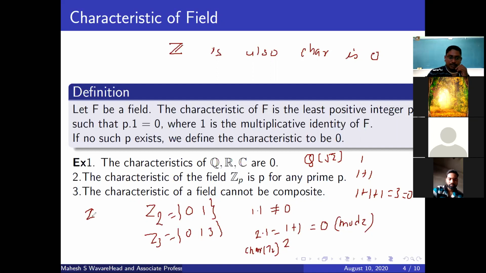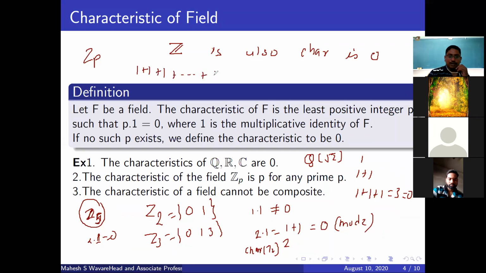Now if somebody tries to write the characteristic for Z4, we can write it, but this is not an integral domain and not a field. Here you can find the least element such that 1 added that many times gives 0: you get 4 into 1 as 0. But we are concerned with fields, and for a field we have seen that it must be a prime number, in the last theorem. So as far as Zp is concerned, 1 plus 1 will not be 0, 1 plus 1 plus 1 will not be 0.